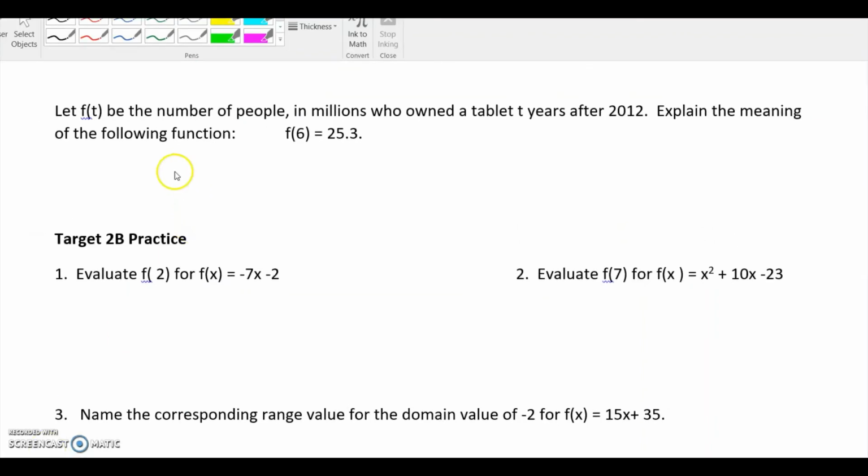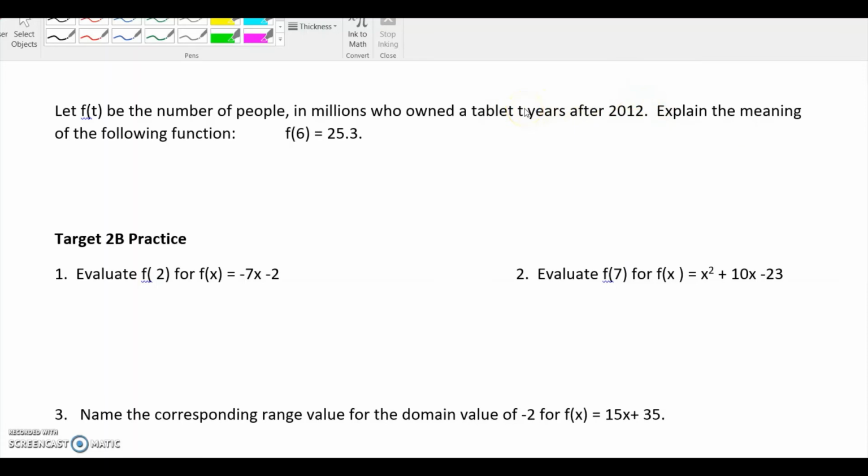Okay, so last problem we have here is: let f of t be the number of people in millions who owned a tablet t years after 2012. So that means if it was 1 year, it would be 2013, because that's 1 year after 2012. Or if we're looking at 5, that would be 5 years after 2012, so 2017.